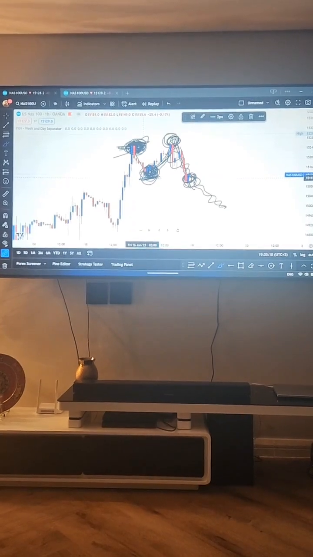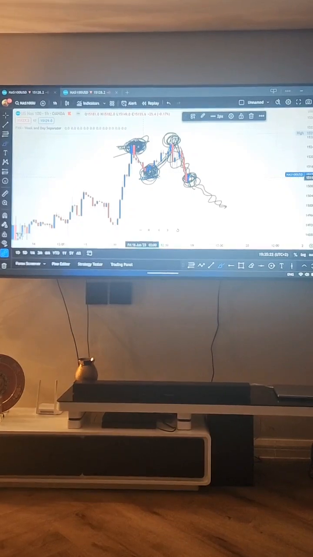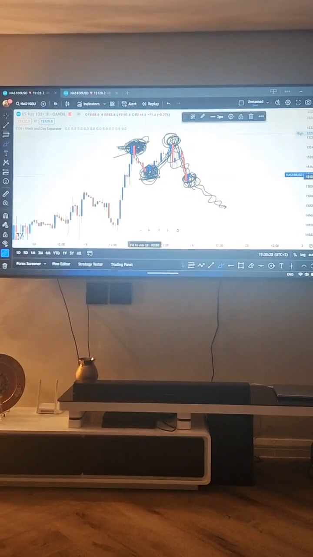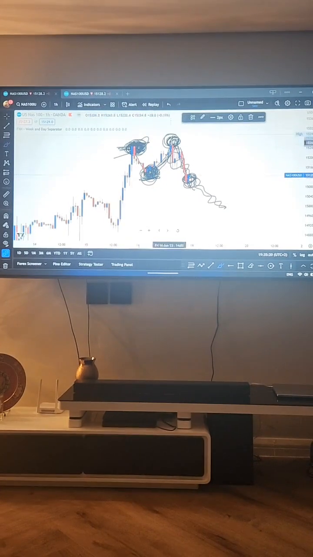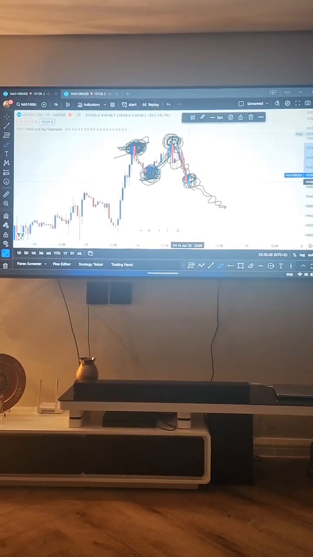So there are two things we can do here. It's either we first take the sell side liquidity or we take the buy side liquidity. And as you can see over here, they took the buy side liquidity and then they took the sell side liquidity. Now, how would I know that they were going to take the sell side liquidity after taking the buy side liquidity?